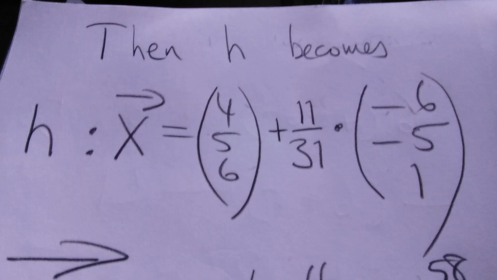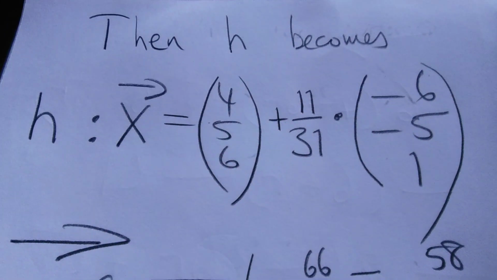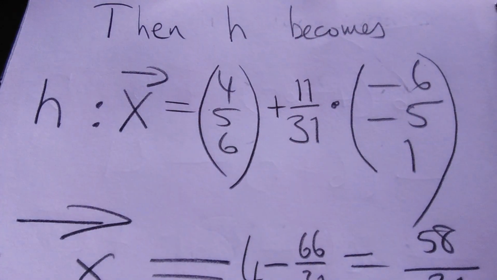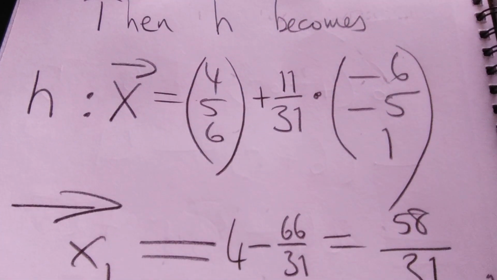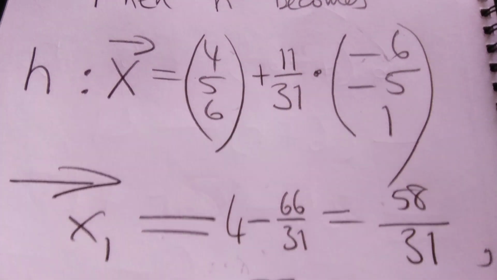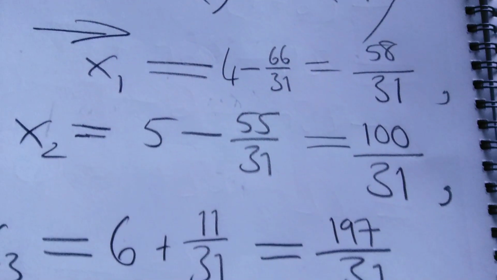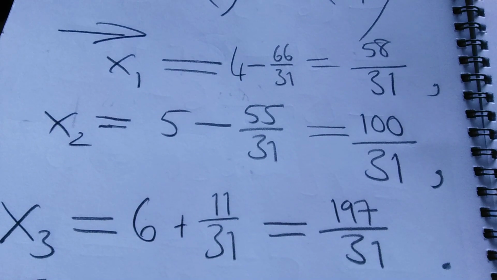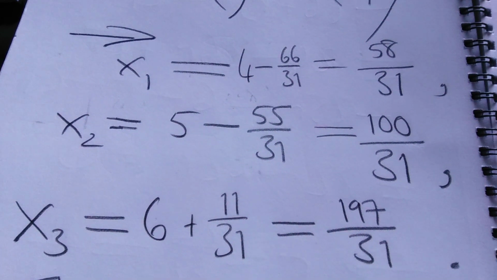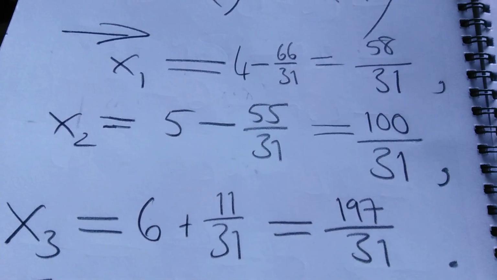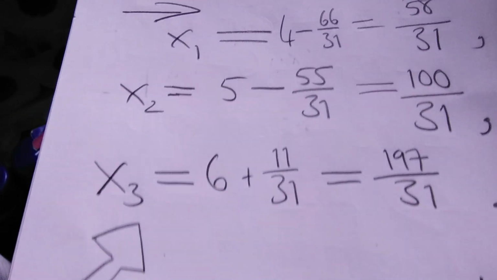So now we can fill in and complete the expression for H, the line which takes us, if you remember, from S down to plane E. And we wind up with these values. X1 is 58 upon 31, X2 is 100 upon 31, and X3 is 197 upon 31.